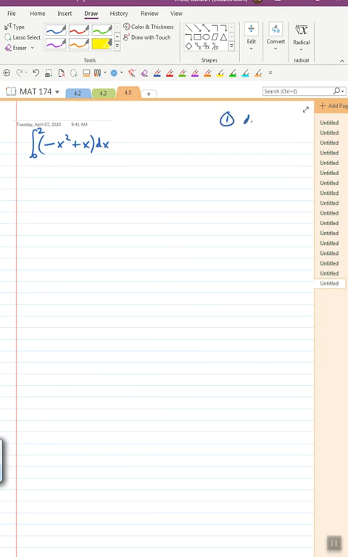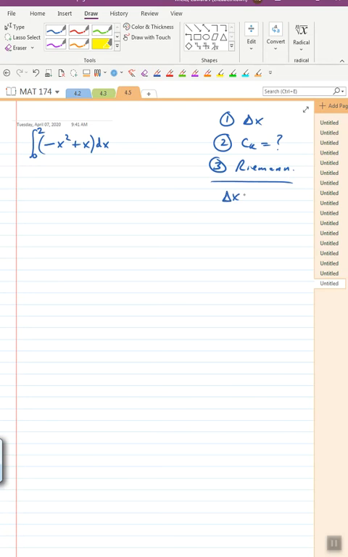So, you know, figuring out delta x, figuring out what your ck looks like, and then finally setting up the Riemann sum itself, simplifying it and then taking the limit.